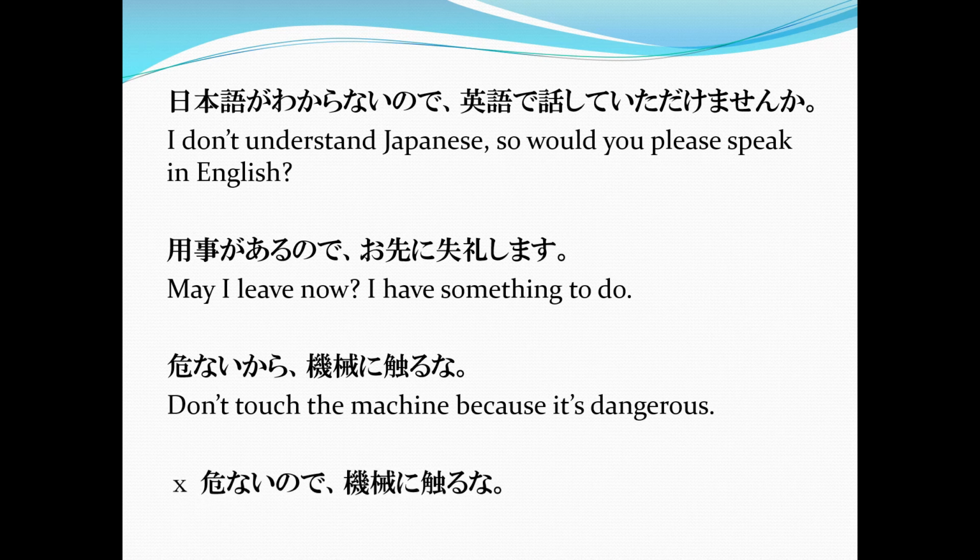So never use abunai no de kikai ni sawaru na. Because you are trying to prohibit someone from doing something and you are using an imperative or a prohibitive form of a verb, you use kara. Alright? Again, no de is used to soften an expression, so do not use it with an imperative or the prohibitive forms. Remember that.